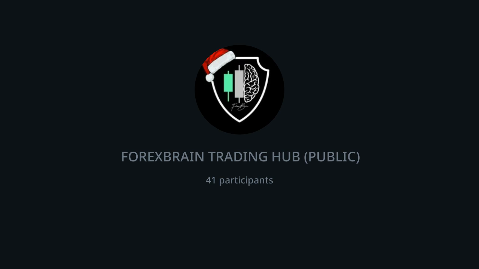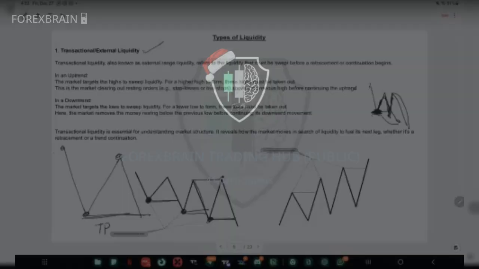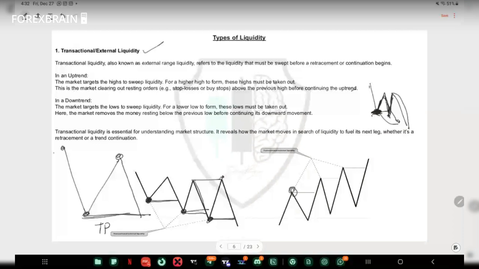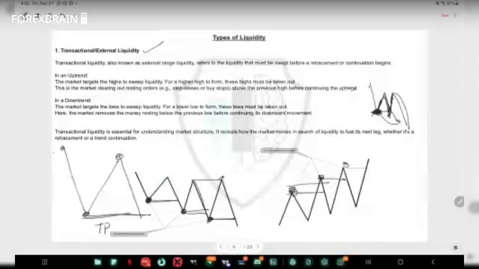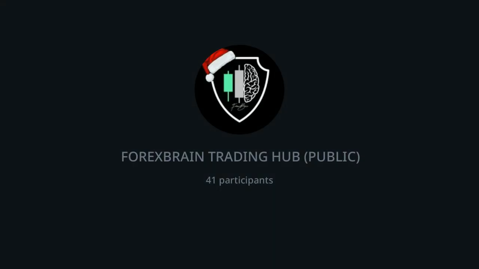So it is always ideal to take profit at transactional liquidity levels. So this is for the bullish scenario. You can see in a bullish environment the highs will mostly be taken. So if a low is swept here, it is just price grabbing liquidity in a bullish condition. Do you understand? So that's that.